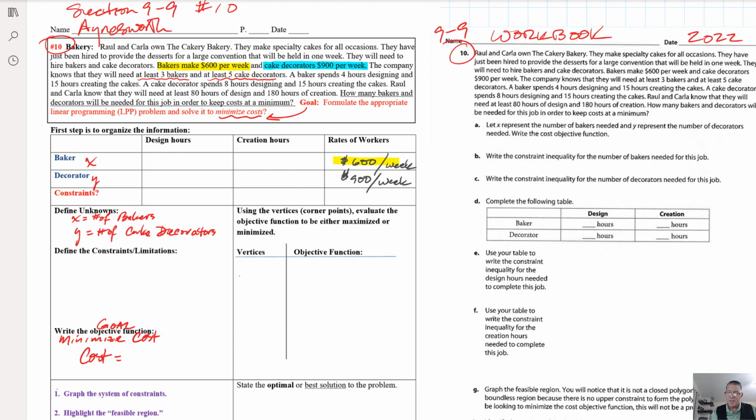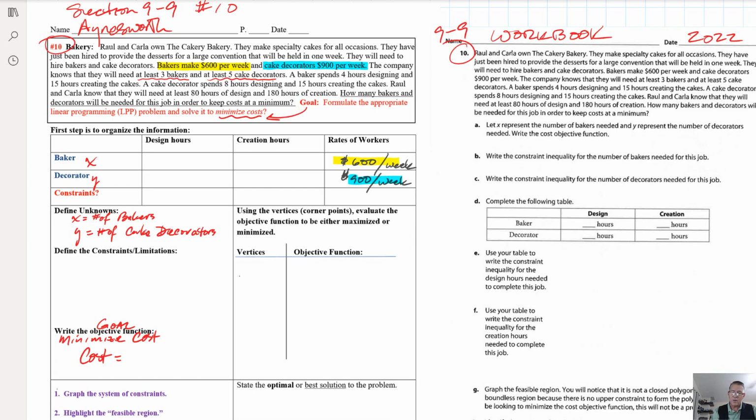So what you need to do is take the rate and multiply it by the number of bakers that you employ, and then you take your rate for your decorator, which is $900 per week. And guess what? You multiply that by the number of decorators, and that will be the total cost.